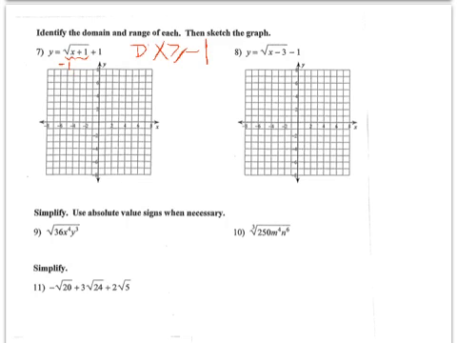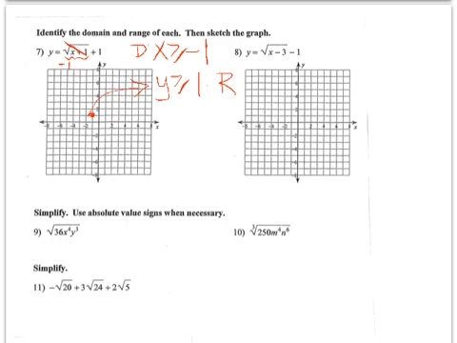And if x is -1, then y is going to equal 0 plus 1, which makes your y equal 1. So my range is going to be all the y's greater than or equal to 1. So -1, 1 is where I start, and because it's a positive graph, you just draw your graph like that.